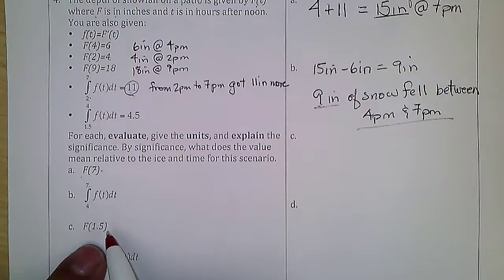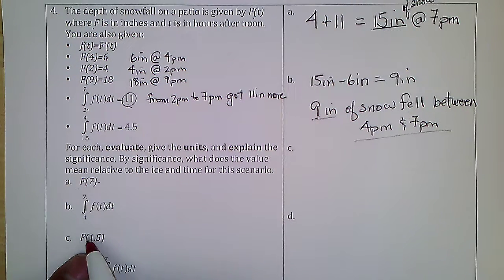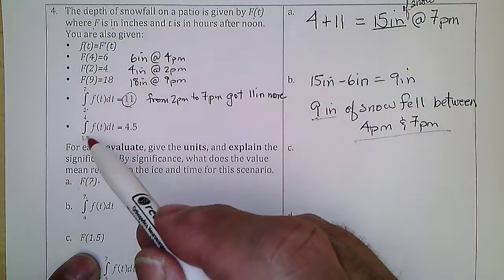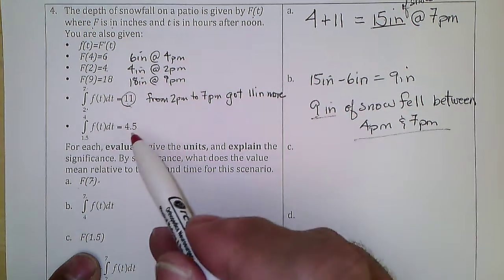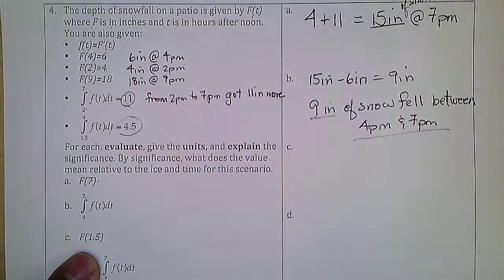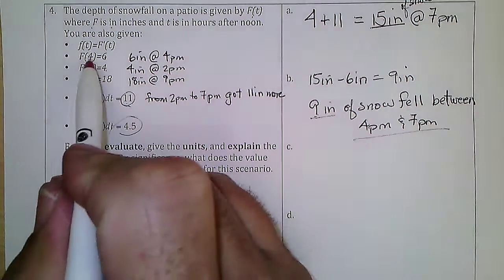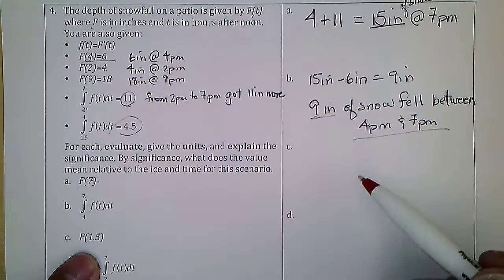Now this wants to know how much was there exactly at 1:30, 1.5 hours after noon. Between 1:30 and 4, there was 4.5 more inches of snow. At 4, there was already 6.